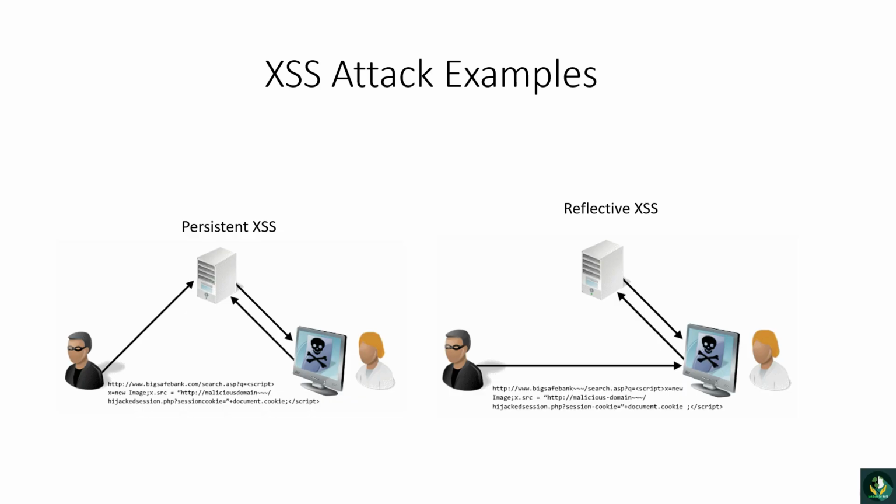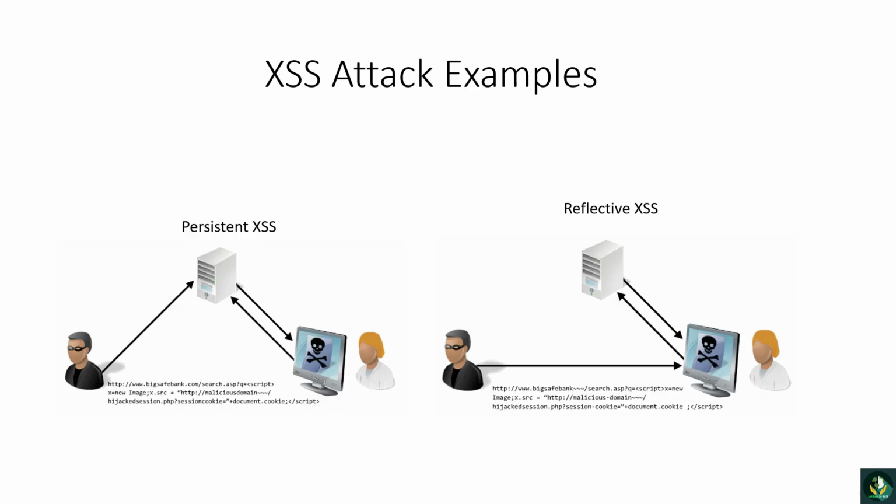And another side of XSS: reflective or non-persistent cross-site scripting involves the immediate return of the user input. To exploit reflective XSS, an attacker must trick the user into sending data to the target site, which is often done by tricking the user into clicking a maliciously crafted link.